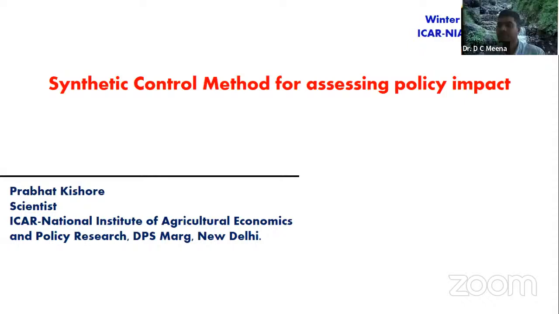About this methodology, the synthetic control method: in 2003 this method was introduced, or rather pioneered, by Abadie and his co-author. Then in 2010, Abadie along with Diamond and Hainmueller published one paper on a policy change in California related to tobacco control.